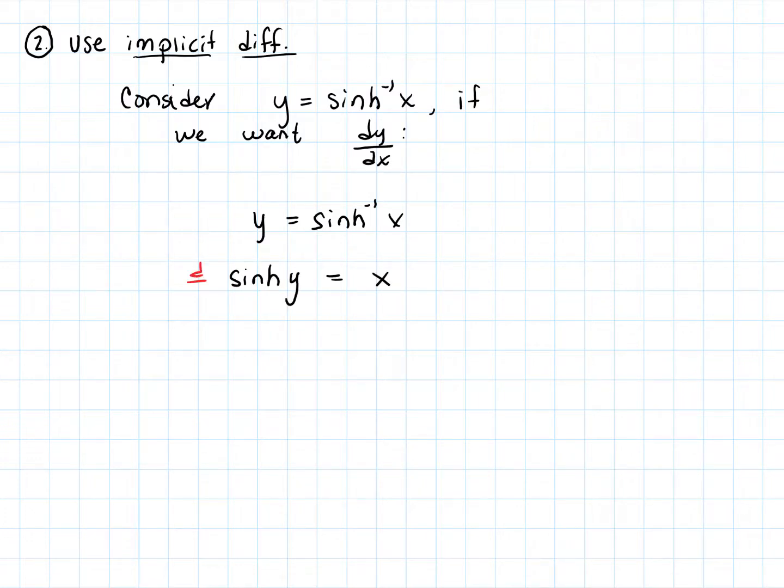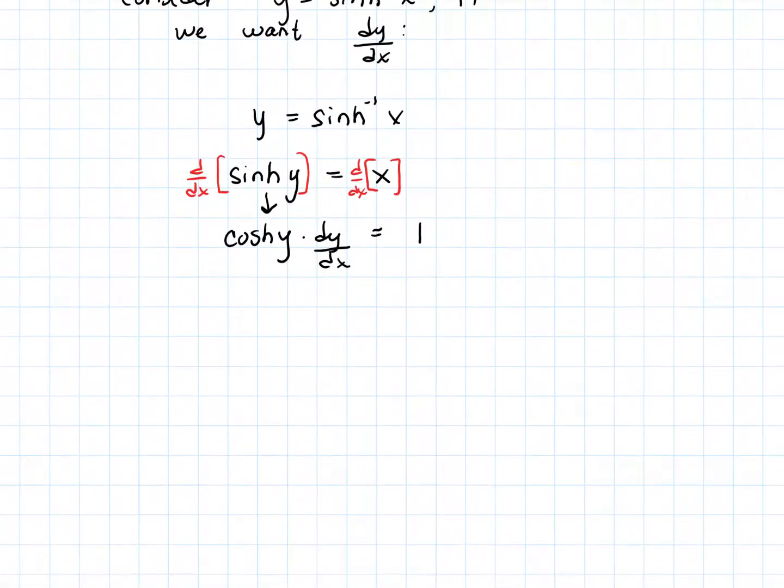And if I take the derivative implicitly on both sides, then the hyperbolic cosine of y, dy/dx, using what I know about the derivative of the hyperbolic sine, which is hyperbolic cosine, has to just be equal to 1. But that means that dy/dx equals 1 over the hyperbolic cosine of y.